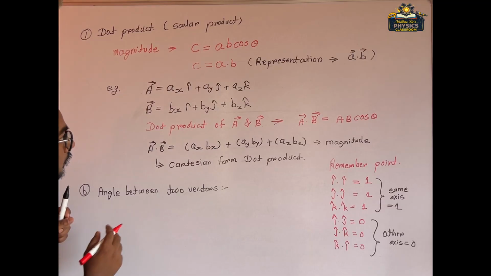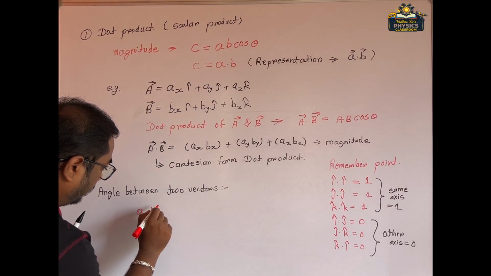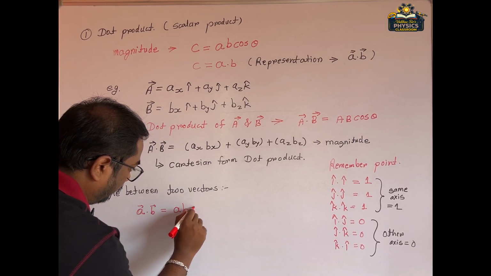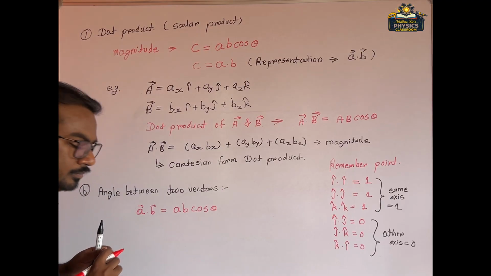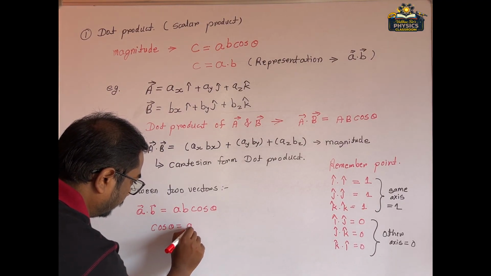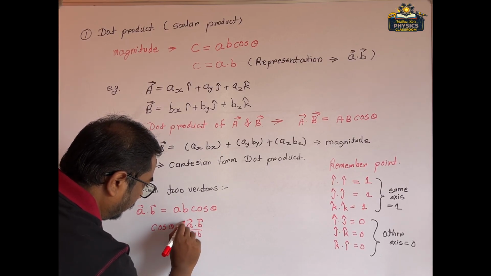See here, a dot b means a b cos theta, right? Can I write just like that? Cos theta is a dot b divided by a b.